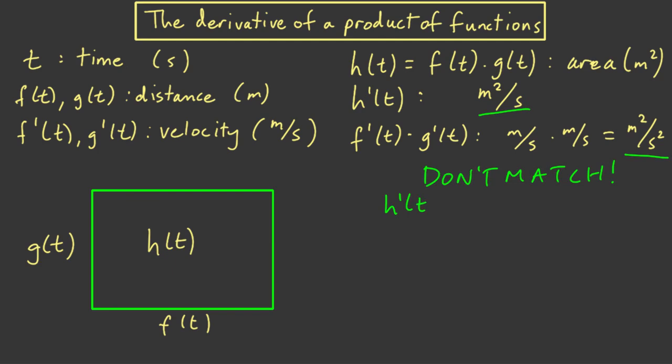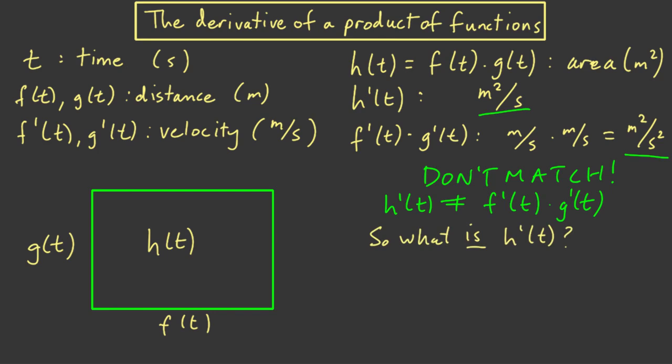And what that tells us is that h prime and f prime times g prime can't be equal because they measure different things. So this is the fundamental reason why the derivative of this product should not be the product of the two derivatives. But that leaves the question of what is then the derivative of h?